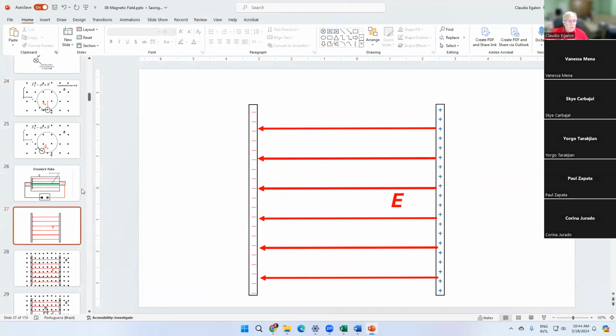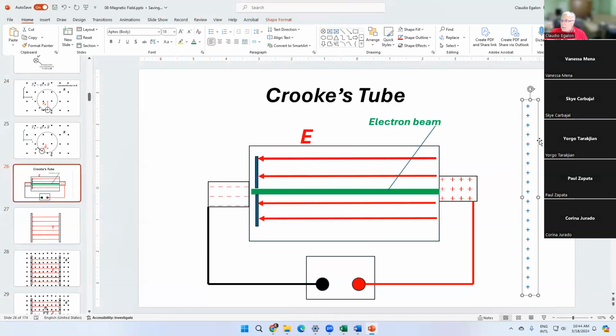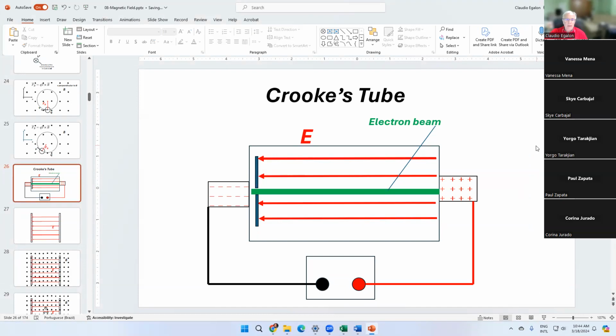Oh, not this one here. Here you go. Okay. So that's a simple drawing of the pieces of the Crookes tube, right? How it works. I didn't put this to the phosphor screen there.